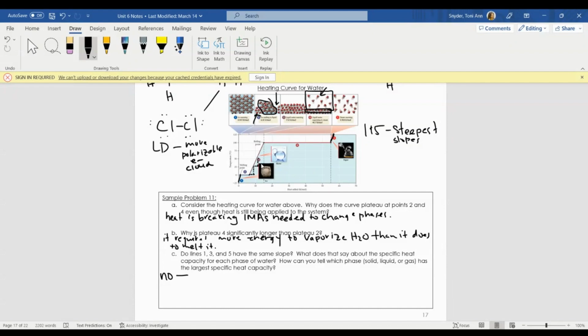So 1 and 5 have the steepest slopes, and because it takes less energy to raise the temperature of those phases of matter, this must mean that their specific heats are much smaller. So we're going to say lines 1 and 5, I'm sorry, are the steepest.